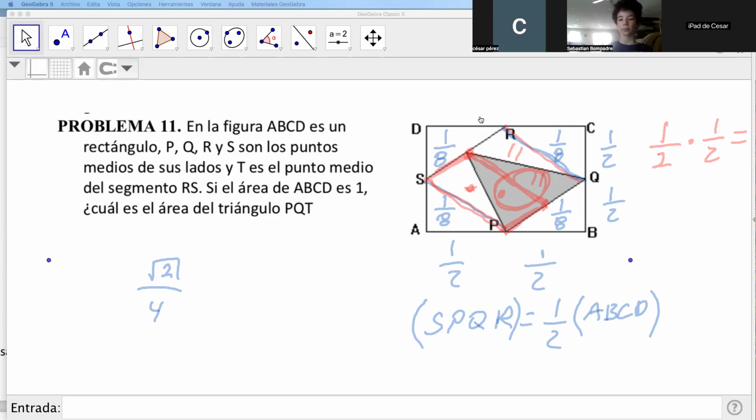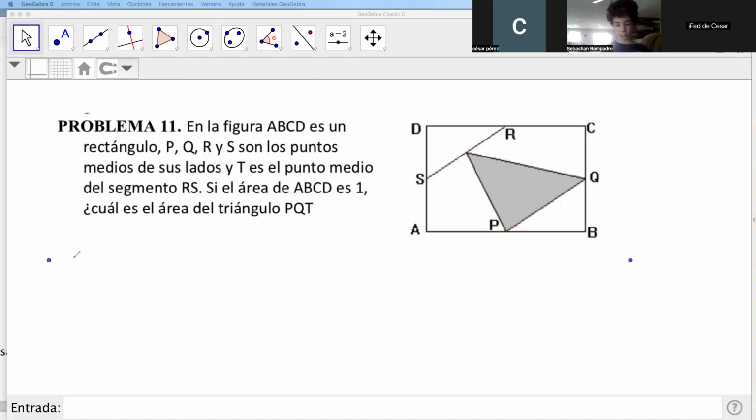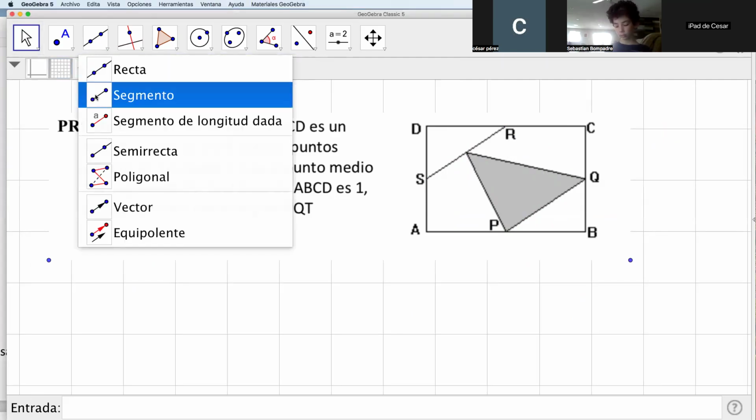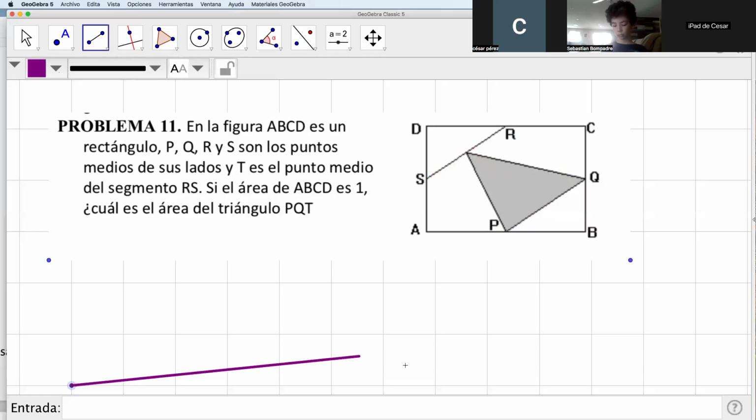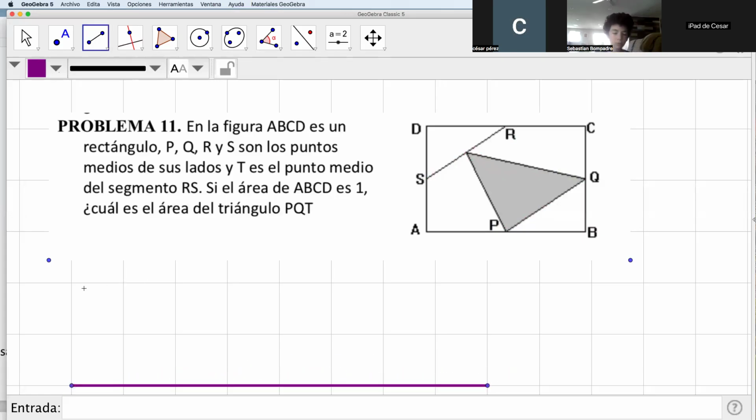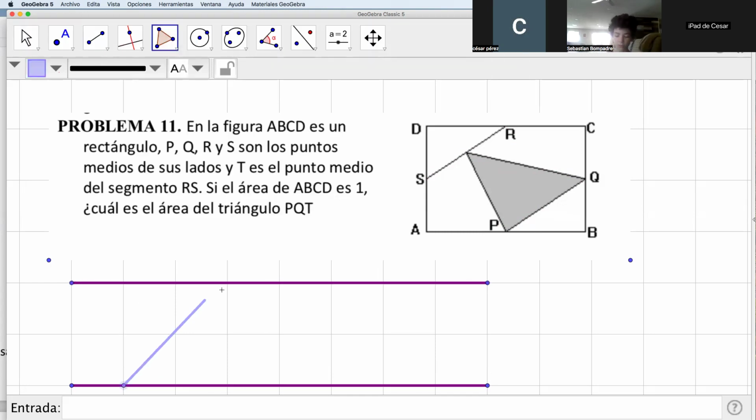Okay, let's see another idea. Every time that we have parallel lines, for example, this and this, if we want to calculate the area of this triangle, it's 3, okay?